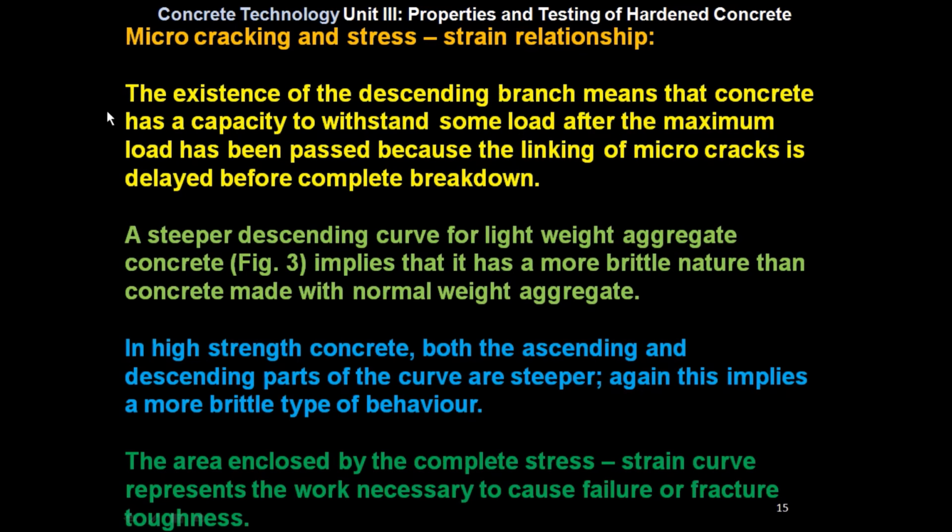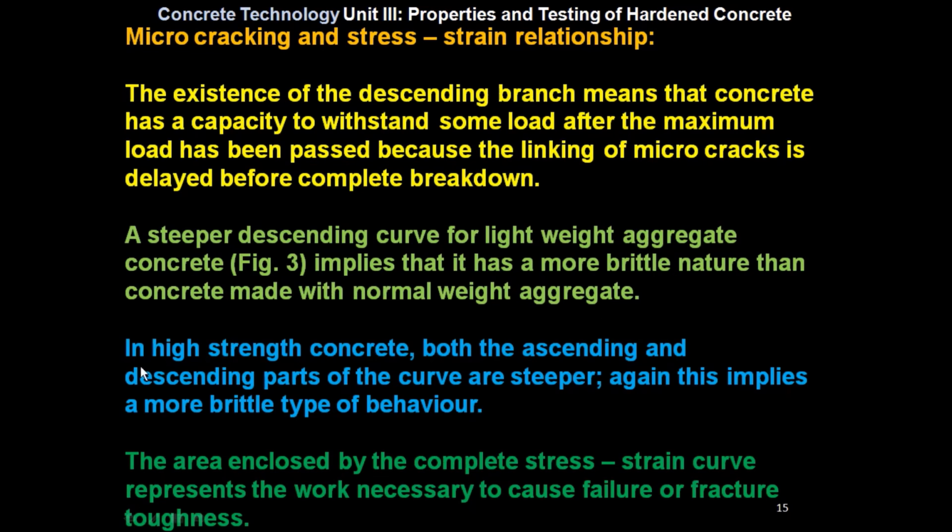The existence of a descending branch means that concrete has a capacity to withstand some load after the maximum load has been passed, because the linking of micro cracks is delayed before complete breakdown. A steeper descending curve for lightweight aggregate concrete, figure 3, implies that it has a more brittle nature than concrete made with normal weight aggregate.